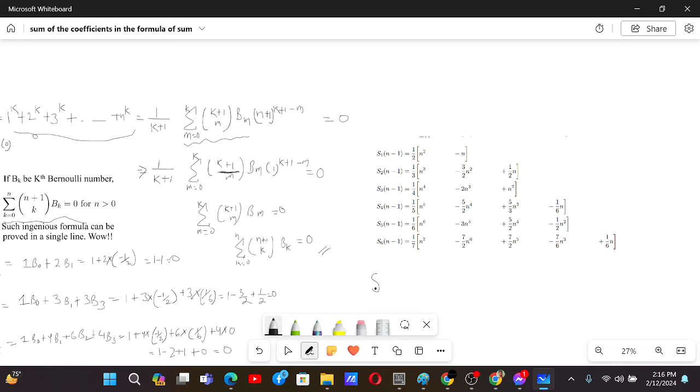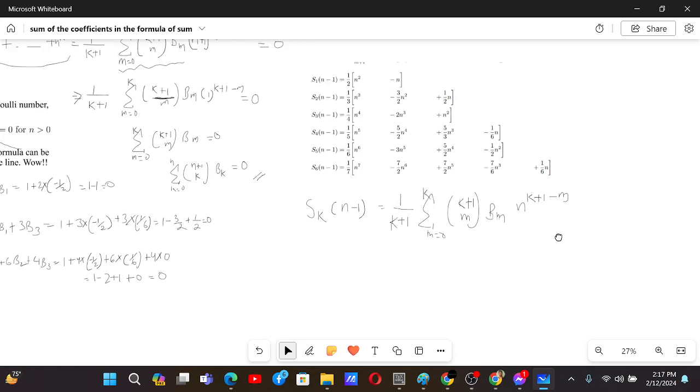So basically the sum of powers raised to k up to the n minus 1th term is 1 by k plus 1, sum going from m equals 0 to k plus 1 choose m, Bernoulli of m, n to the power k plus 1 minus m.